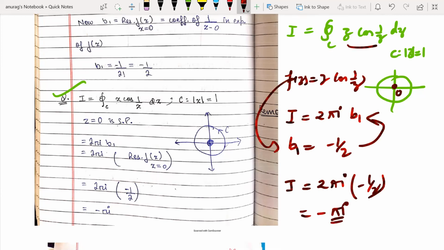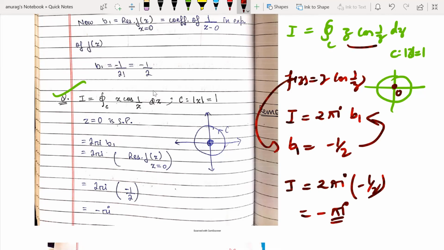So one way is the Cauchy integral theorem or Cauchy integral formula to solve it. But the Cauchy integral formula does not always work, whereas the residue always works. So this is a more general and better formula in comparison to the Cauchy integral formula.